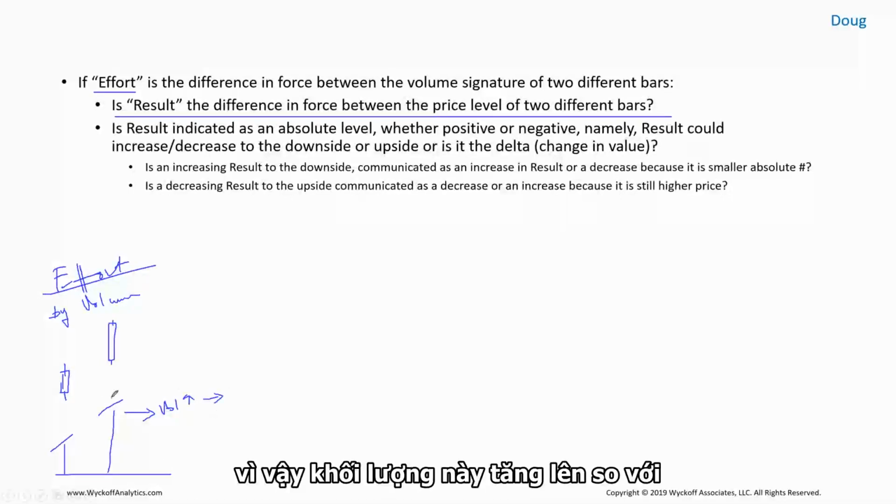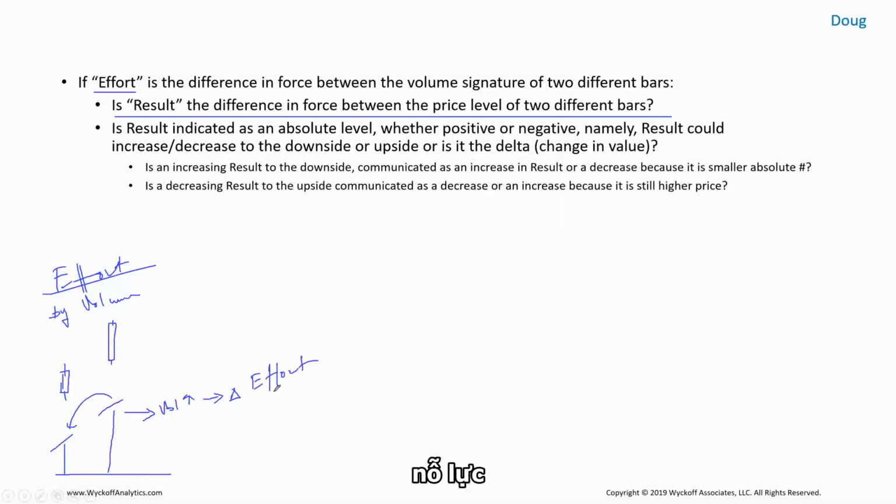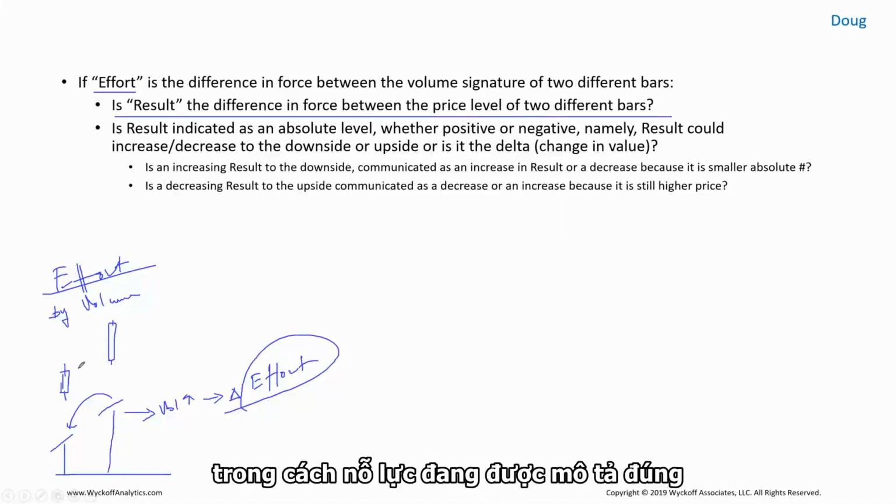So this volume increase in comparison to bar number 1 suggests that there is some kind of difference in the amount of effort that was put into that second bar. So there is more effort to push the price up. So there is a difference in how effort is being depicted right now.